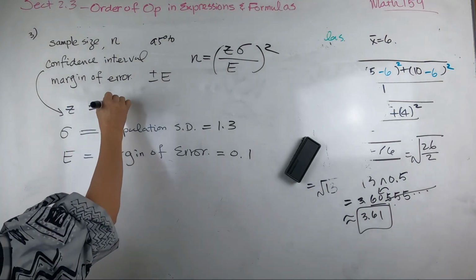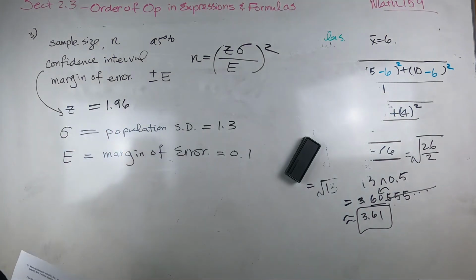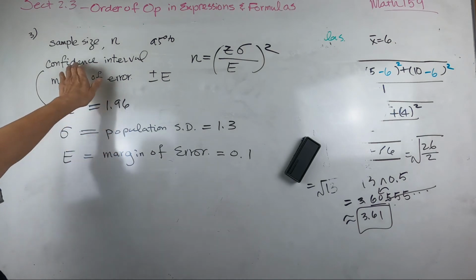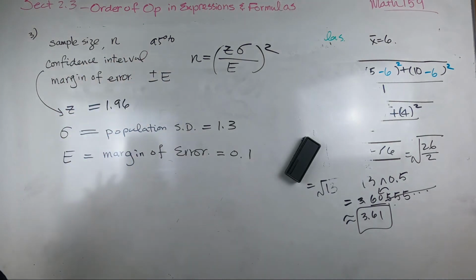So Z is 1.96. You don't know why Z is 1.96. It's given to you when the condition is that you have 95% confidence in your result. That's what it is.